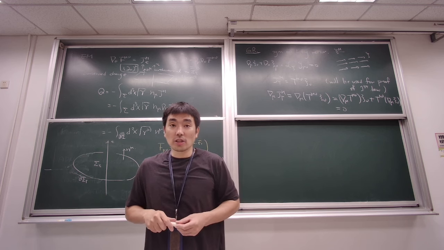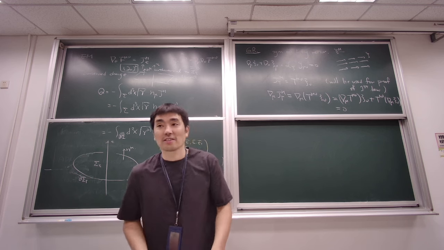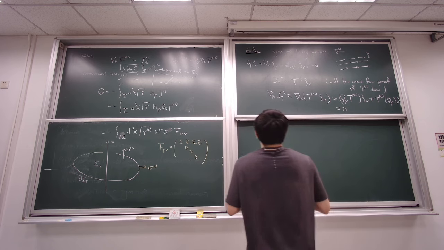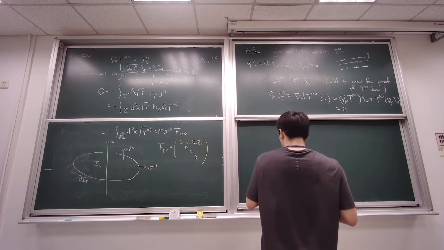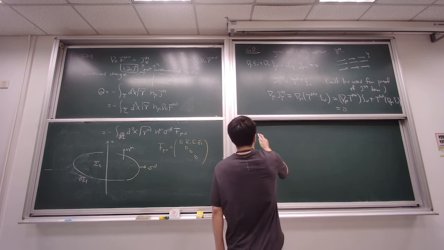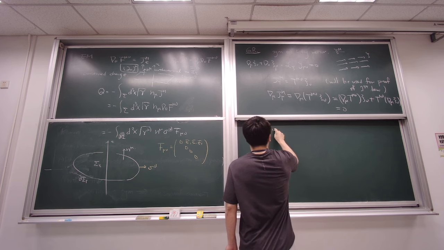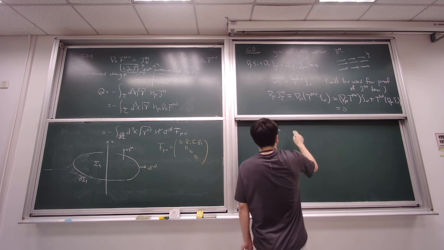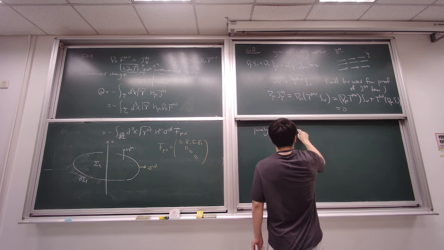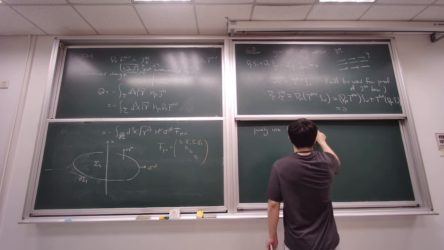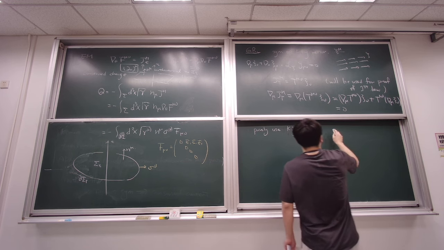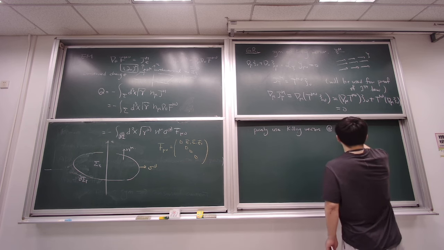Okay, fine. So the other method is the so-called purely use the Killing vectors at the spatial boundary.